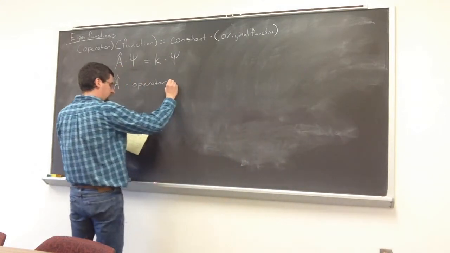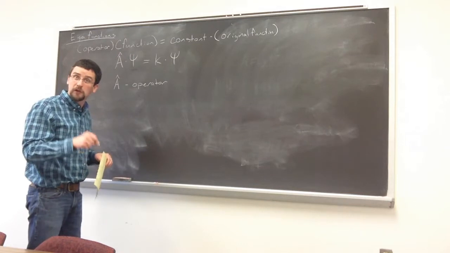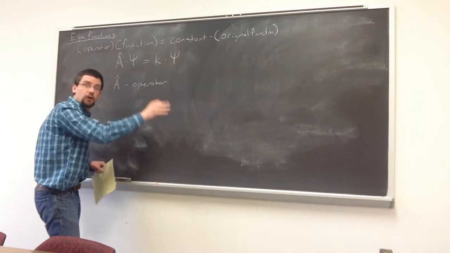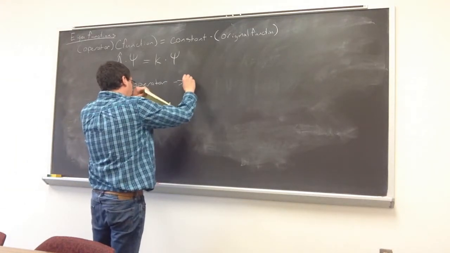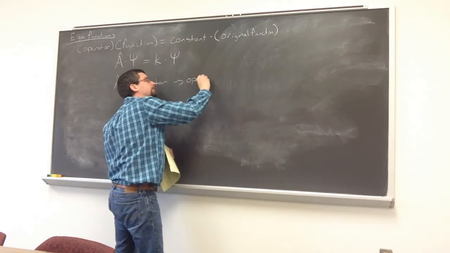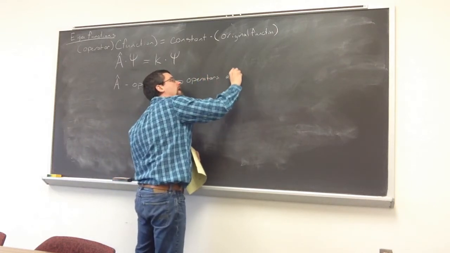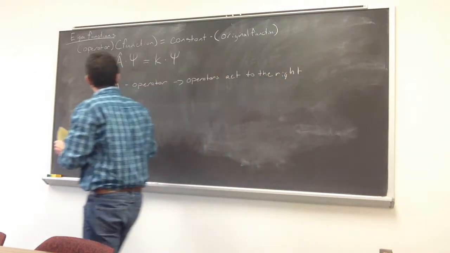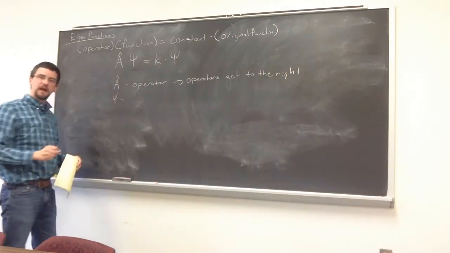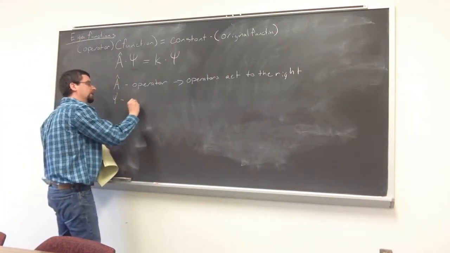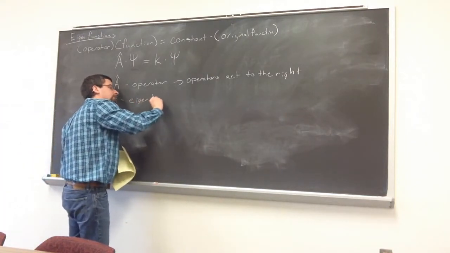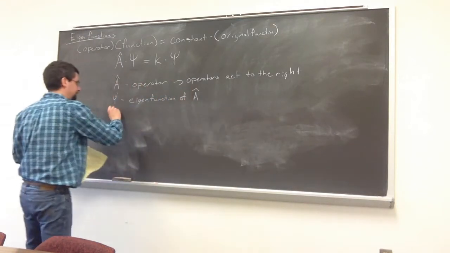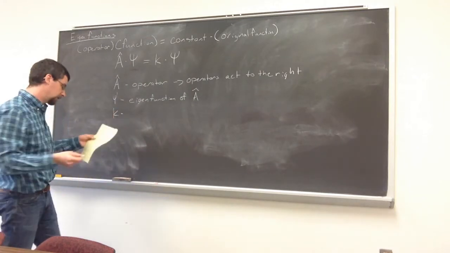Another important point is operators always operate towards the right. They always go to the right. Operators act to the right. Psi, in this case, is an eigenfunction of operator A, and k is just some scalar quantity.